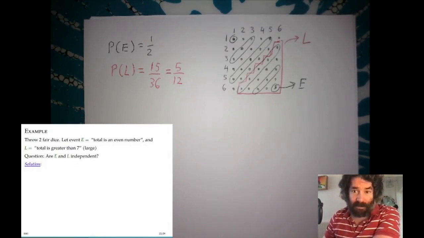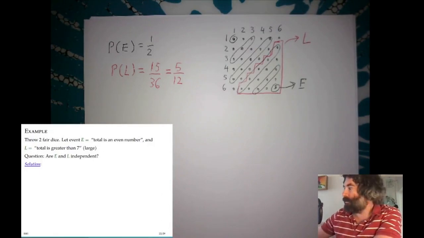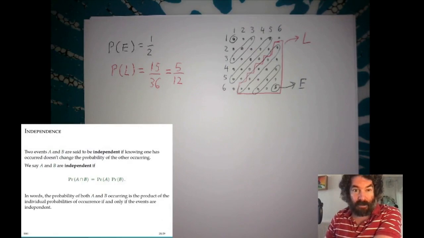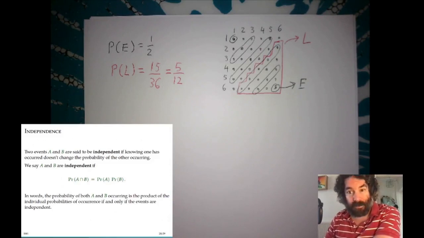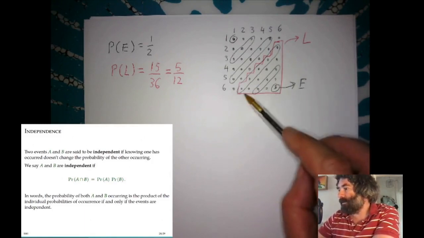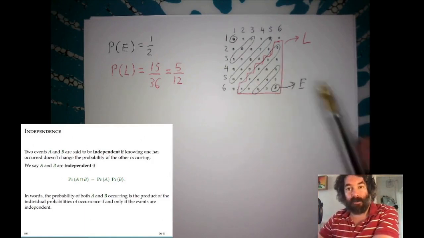All right, now we want to determine if these two events are independent. Let's go back and remember the definition of independence. Two events are independent if the probability that they both occur, that's E and L, is equal to the product of the probabilities that the individual events occur. In order to check this, we also need to determine the probability of E and L. E and L is the set of all outcomes that are in both of the events.